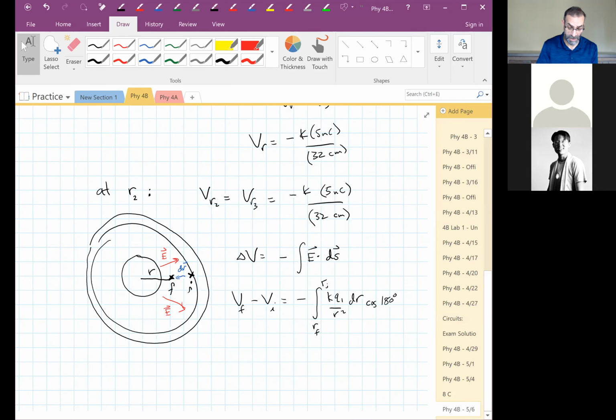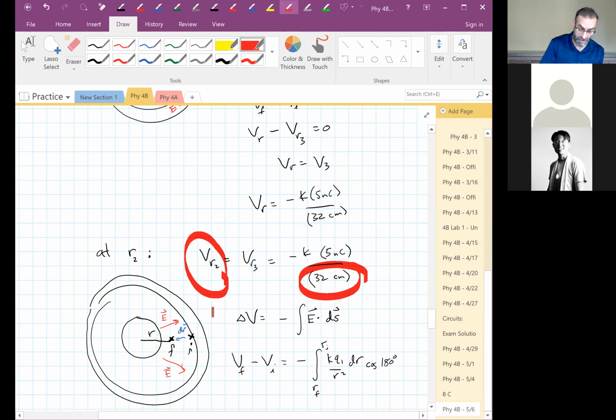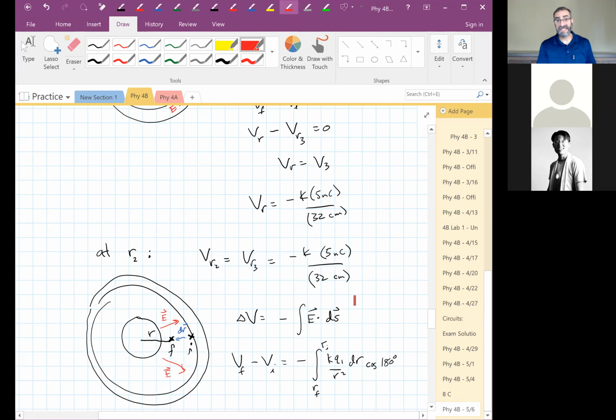Question about 30 centimeters. I think the question is about this one. Because we're finding V at location R2, but we don't plug in R2. V is not a function of R. V is constant. So it doesn't matter that we're at R2, right?